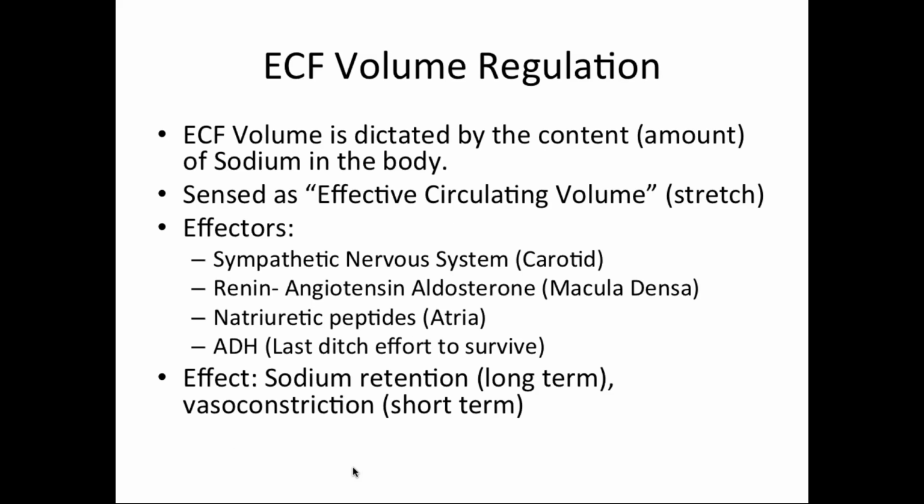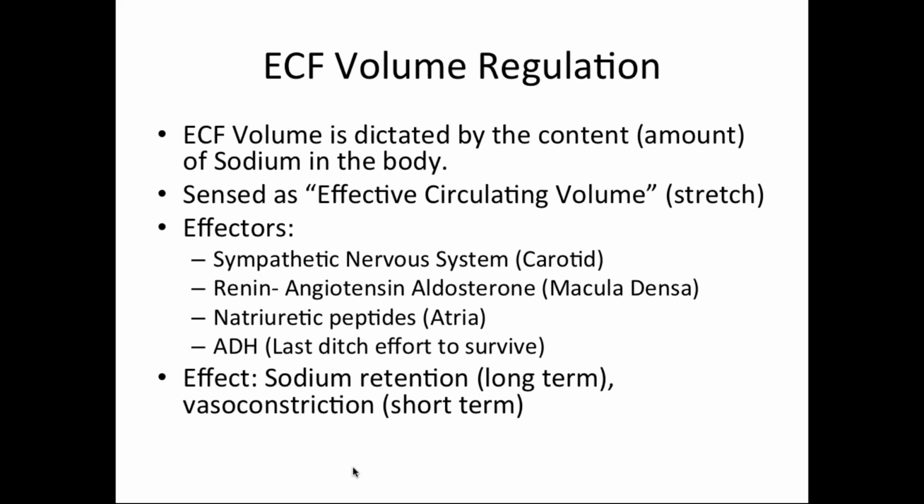So now we'll shift gears and talk about how the body senses and regulates this extracellular fluid volume. And we'll talk about, again, the key fact, which is that the extracellular fluid volume is dictated by the content or the amount of sodium in the body. This extracellular fluid volume is sensed as effective circulating volume, and all these places have stretch receptors.